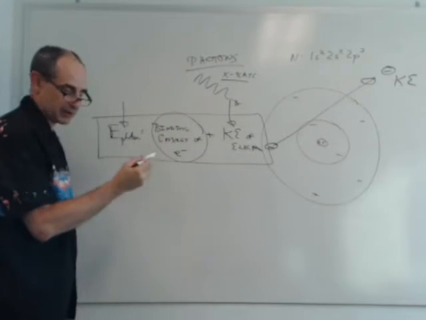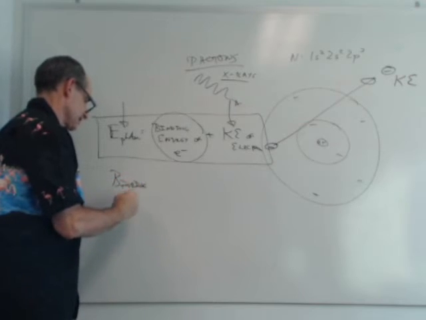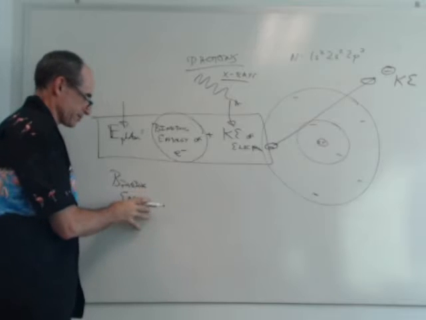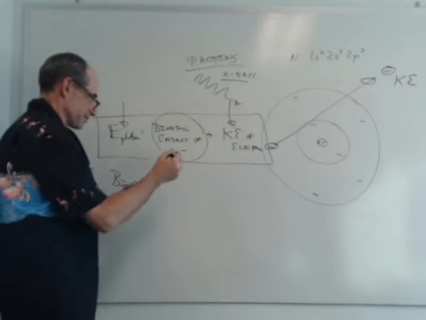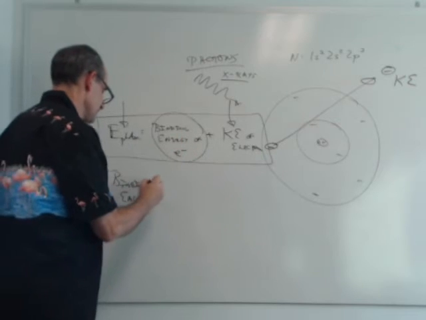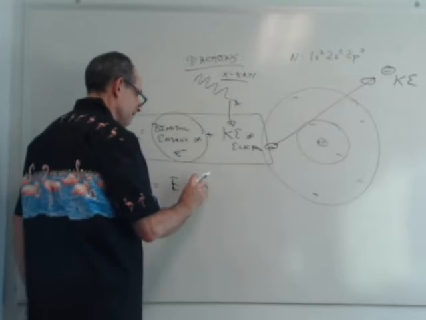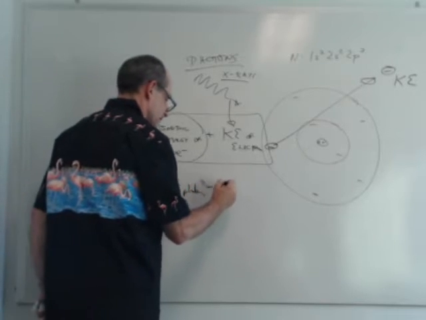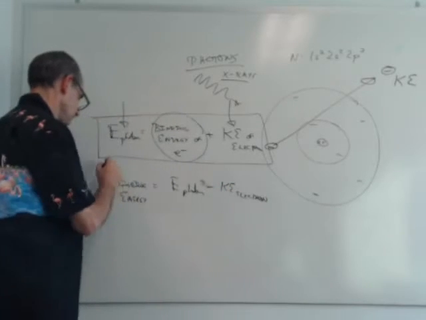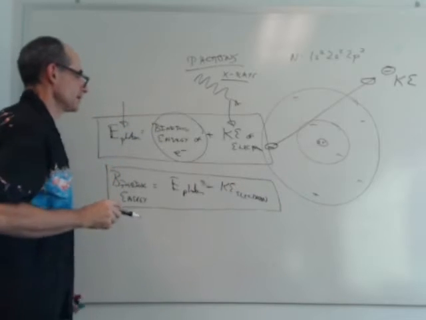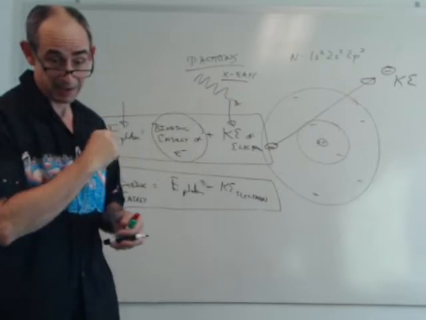Or if you would prefer, we can write the binding energy, which is really the energy of the electron in the orbital, although this is normally a positive value. Remember we said the orbital energies are normally negative, so it's the positive value needed to remove it. It's going to be equal to the energy of the photon minus the kinetic energy of the electron. That is really the only equation for photoelectron spectroscopy.